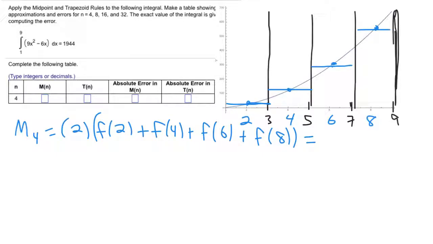When you do that, I did it over here, I got 1,920. And so that's what goes into this box right here.